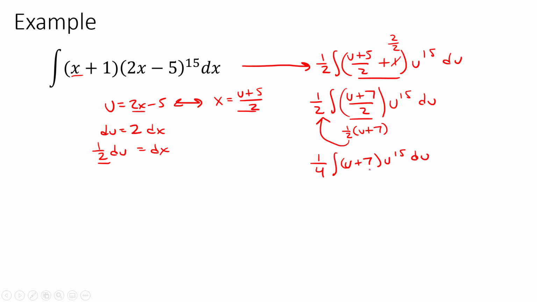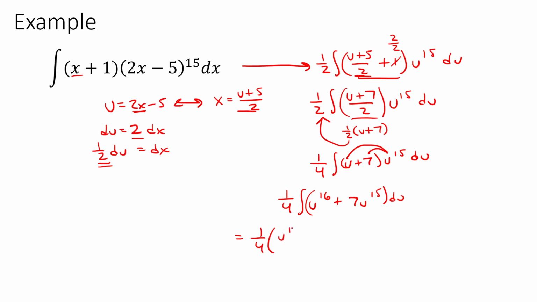All right, and now we know we can just distribute. Okay, so this is the same type of problem, but this 2 back here just causes a little bit of extra algebra that we have to do to get to the final result. That's all. All right, so we'll finish the problem. 1/4 u to the 16th power. All right, and then finally, you can just leave the 1/4 in front.